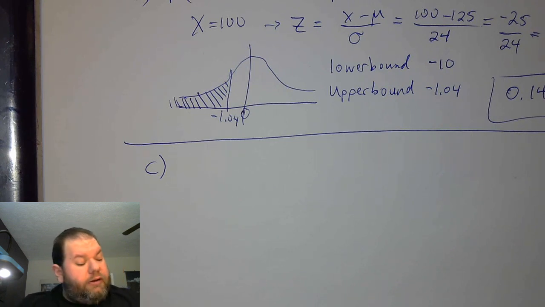Okay, part C, find and interpret the probability that a randomly selected 6th grade student reads more than 140 words per minute.